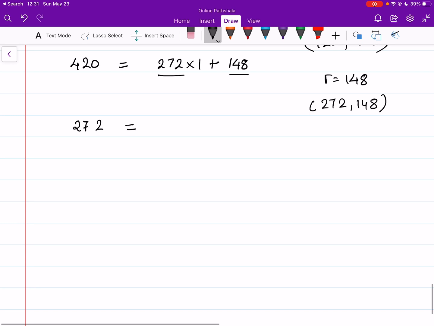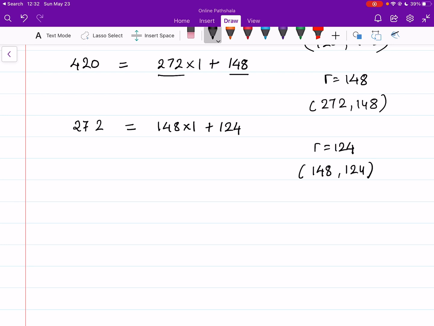So 272 equals 148 times 1 plus 124. The remainder we get here is 124, not equal to 0, so we need to apply the Euclid's division lemma again to the numbers 148 and 124.